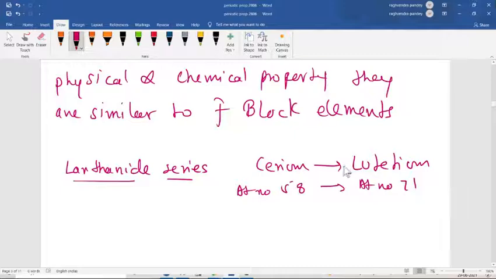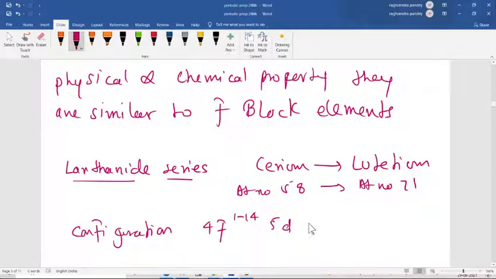For the lanthanide series, the configuration is 4f 1 to 14, 5d 0 to 1, and 6s2.